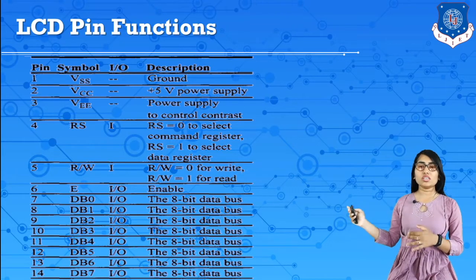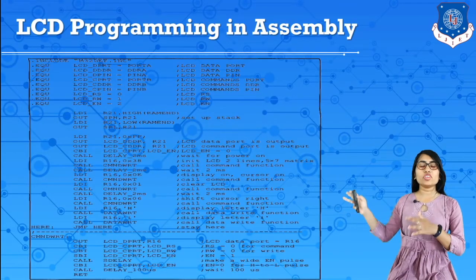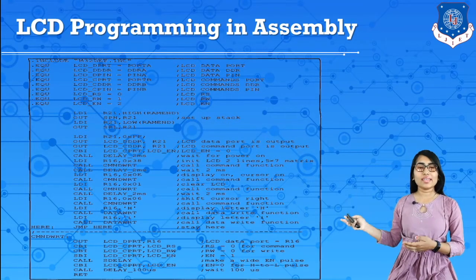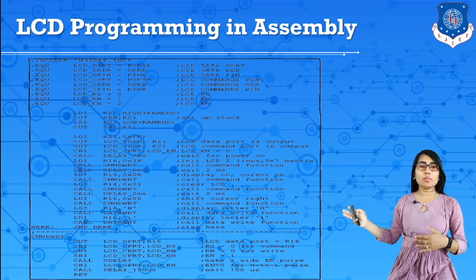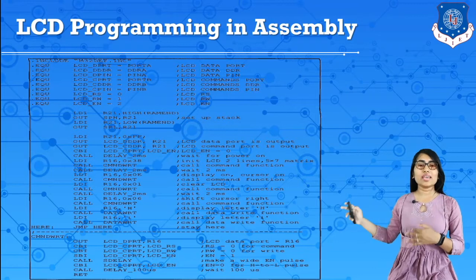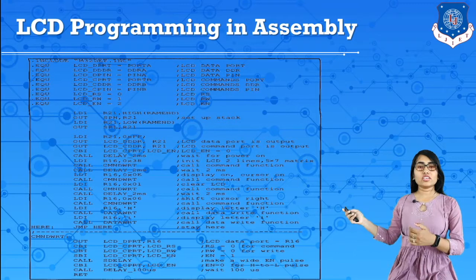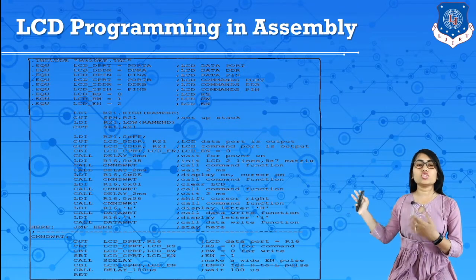Now we can interface LCDs with AVR, and using this kind of program we can transfer characters. We can display any character. Here we have this long program for LCD display, where we refer to our characters like this and then send these characters to the LCD.